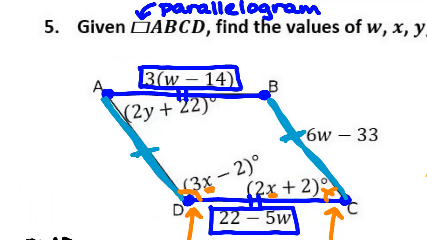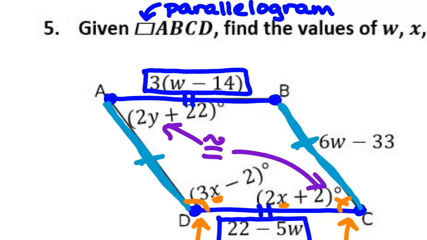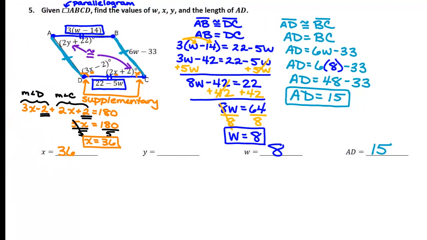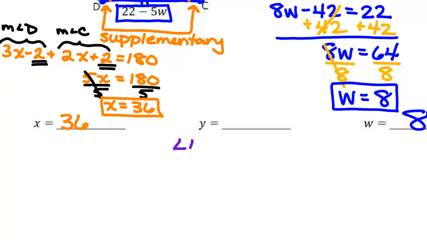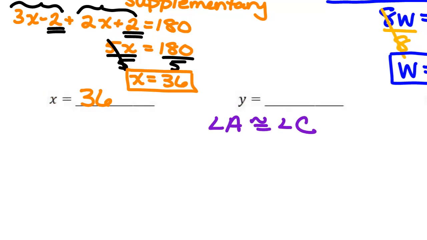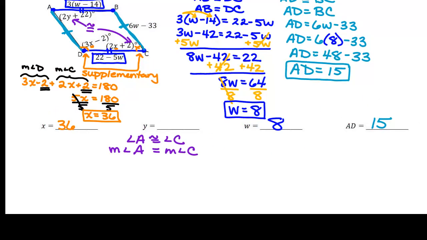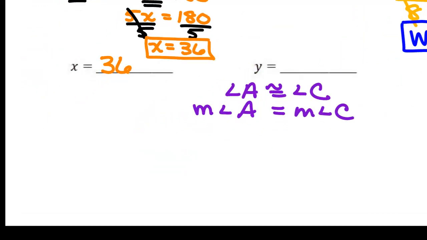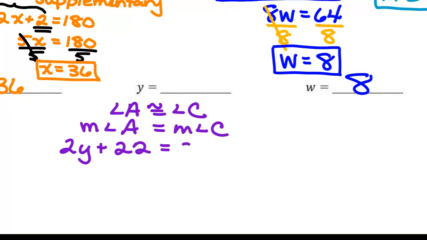Angles A and C are congruent. Angle A is congruent to angle C. So the measurement of angle A is equal to the measurement of angle C. So 2y plus 22 is equal to 2x plus 2.